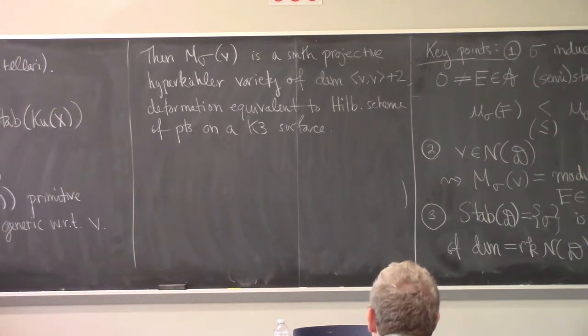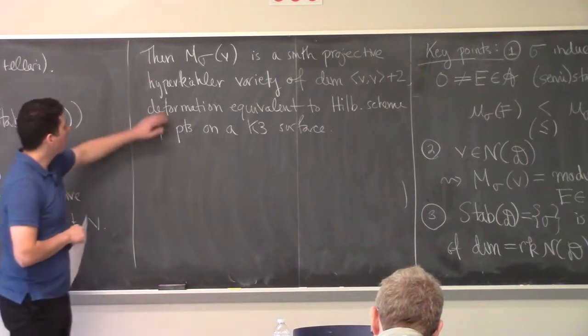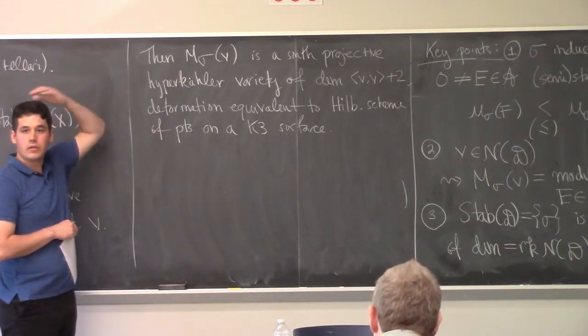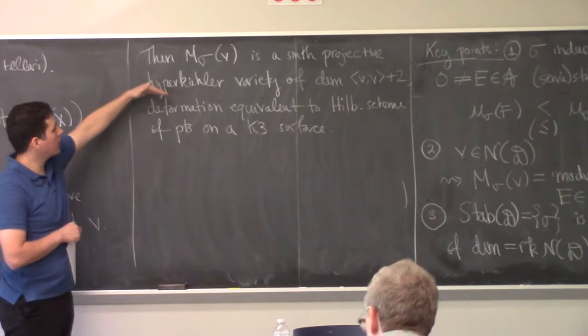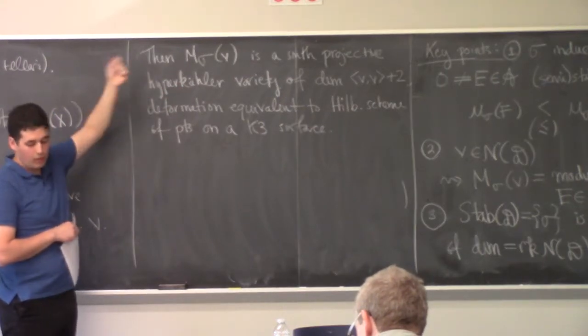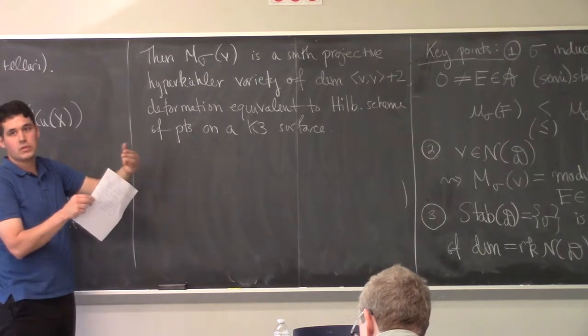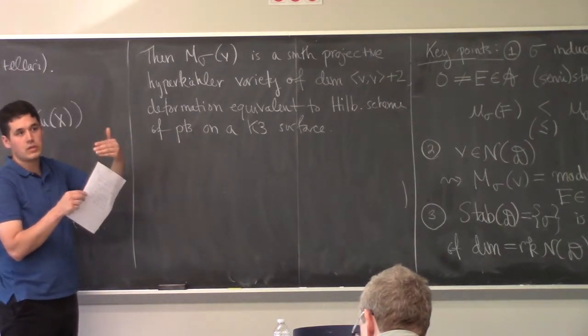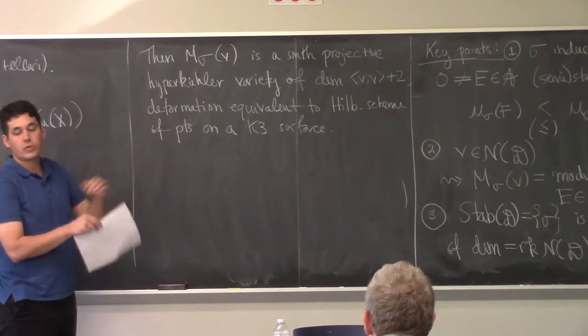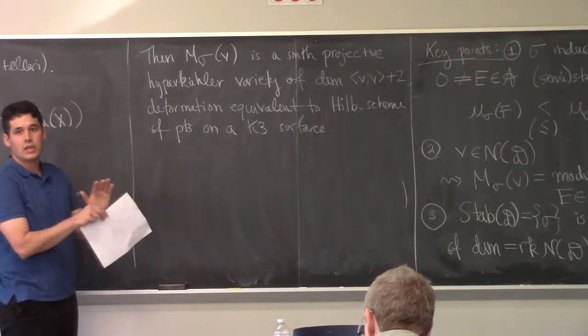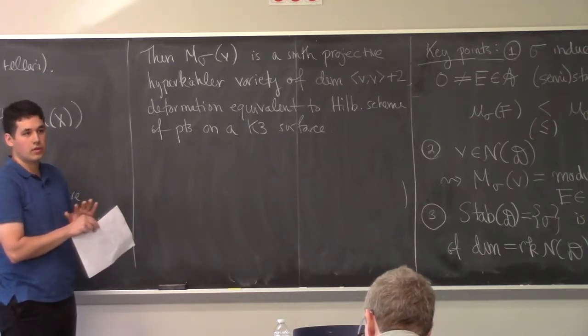Okay, so let me make some remarks about this. First of all, maybe I should say what I mean by hyperkähler in this talk. Smooth projective hyperkähler means that pi 1 is trivial, and also the space of holomorphic two-forms is one-dimensional, and it's spanned by a two-form which is symplectic. That's the definition of a hyperkähler variety in this talk.